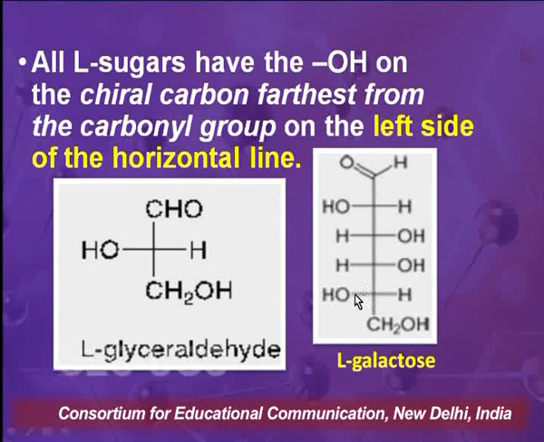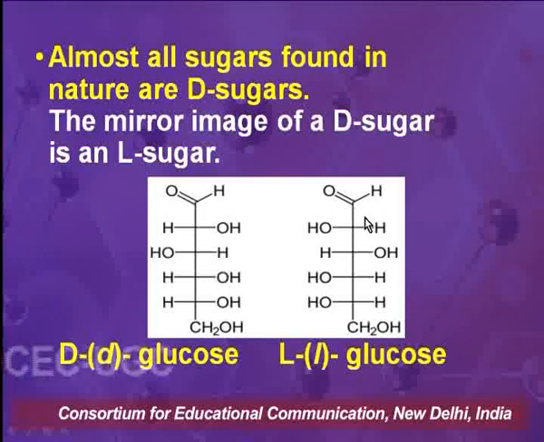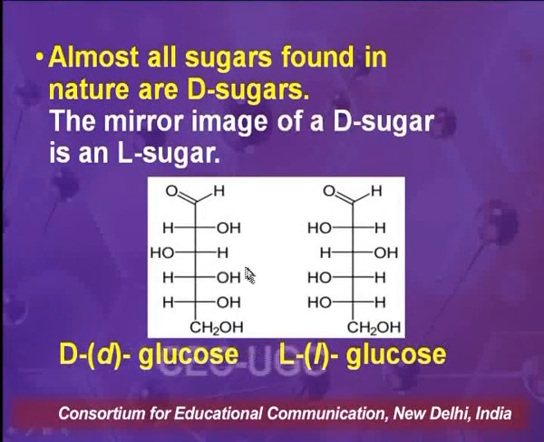This is the carbon where we will see the orientation of OH, and since OH here is on the left hand side of the horizontal line, we will assign this galactose molecule L configuration.